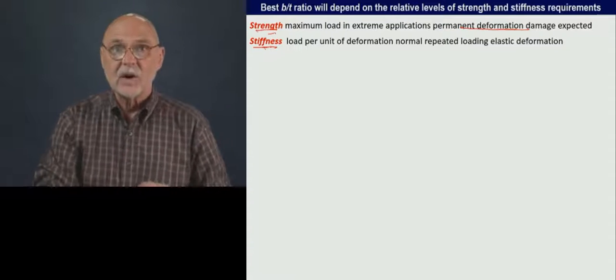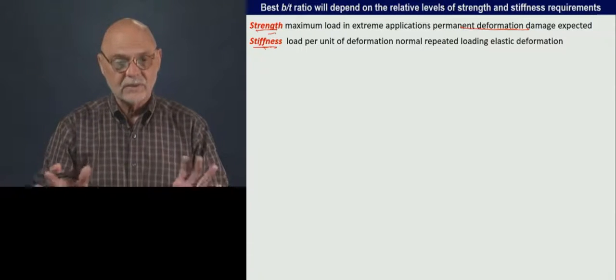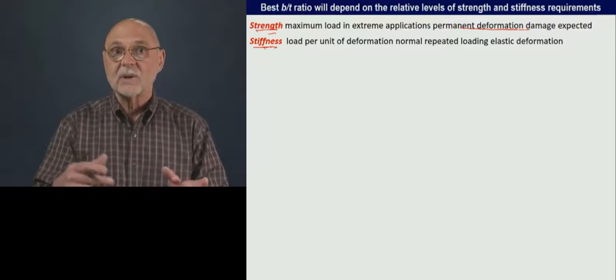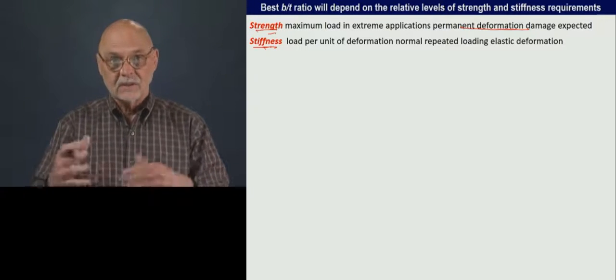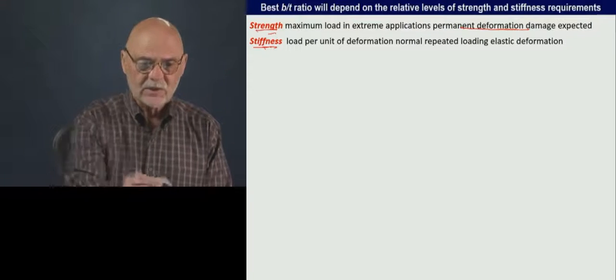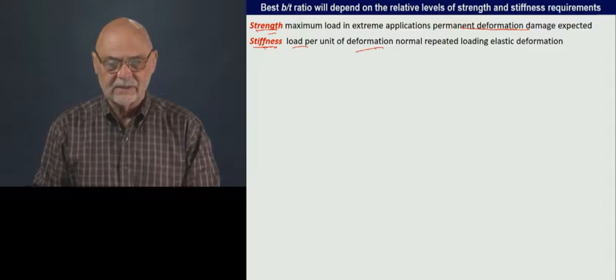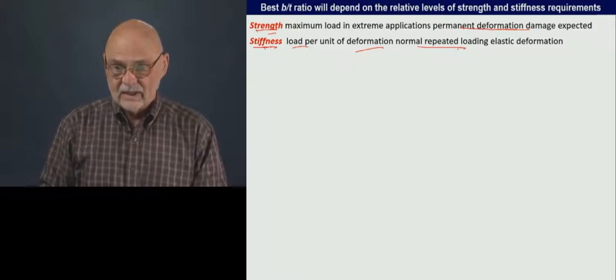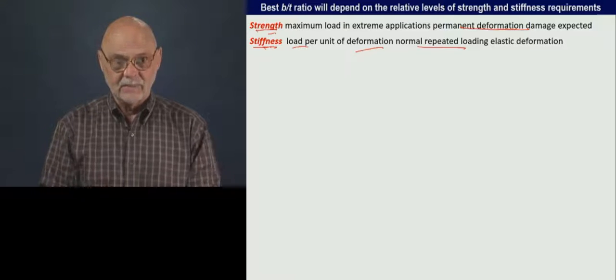Stiffness is a completely different quantity. We can vary it totally separate from the strength. So when we have high strength, we don't always have high stiffness. These are two independent quantities. Stiffness is a load per unit of deflection. Usually it's in normal or repeated loading, and it's generally elastic behavior.